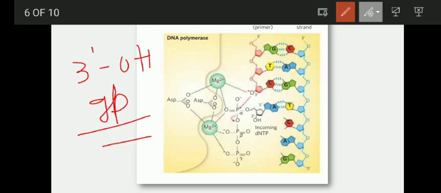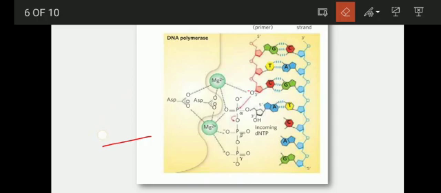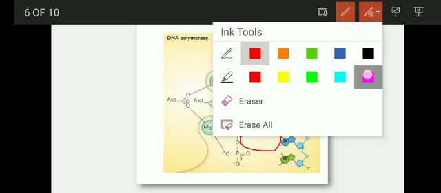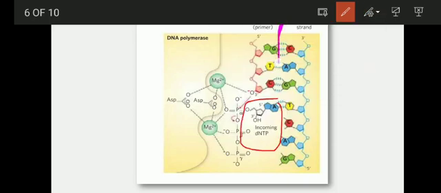So we can see here this incoming nucleotide. Here this is the template strand, and this is the primer, so it provides us the 3' OH group.